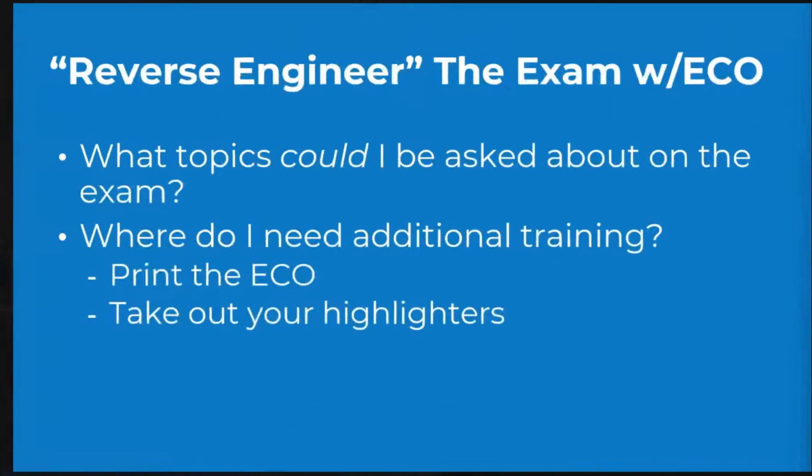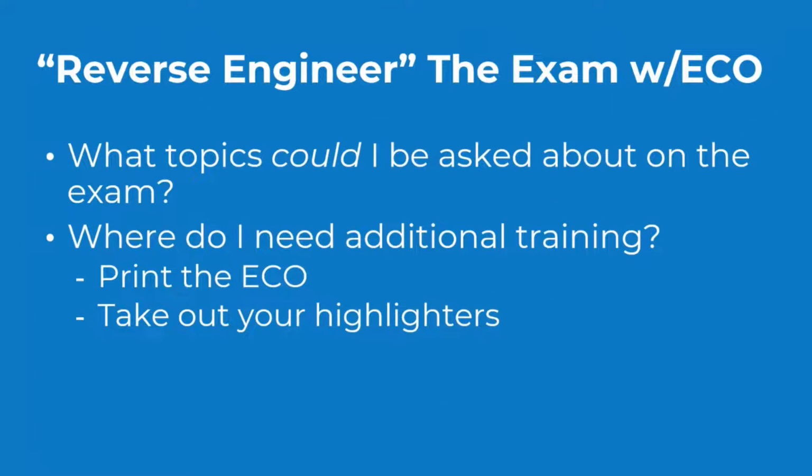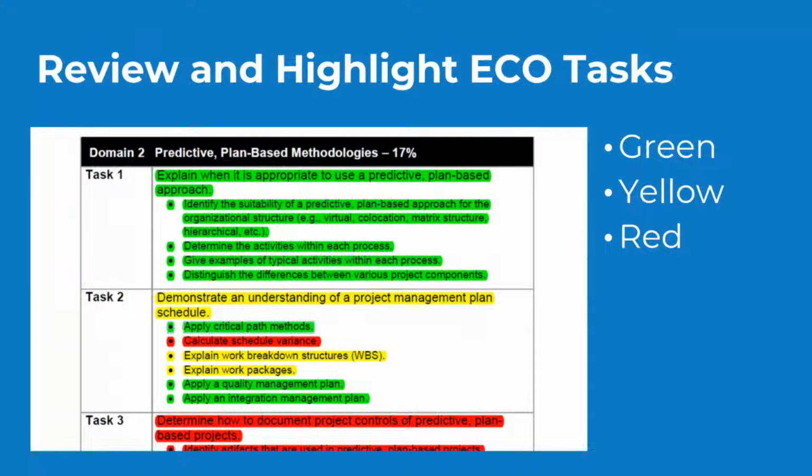And use your highlighter to review and highlight all the ECO tasks. Use your green highlighter to highlight everything where you say, you know what? I'm good. I have had training on this. I understand this topic. I do not need to look into this any further.